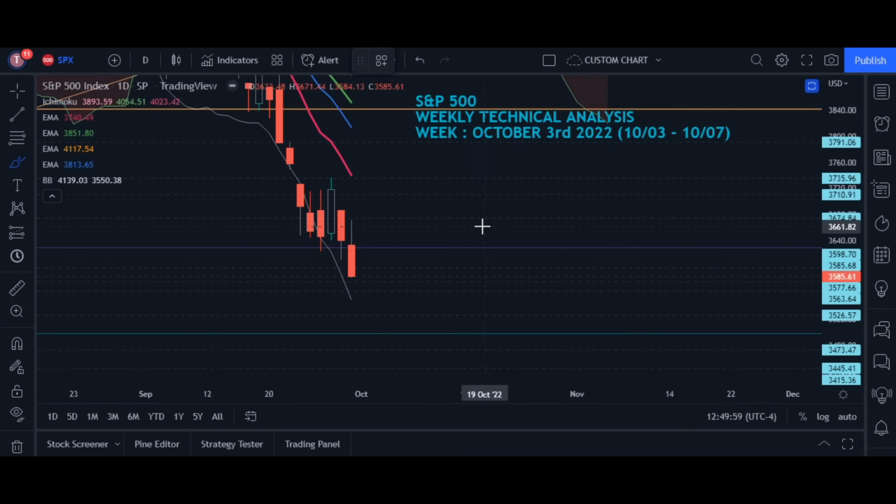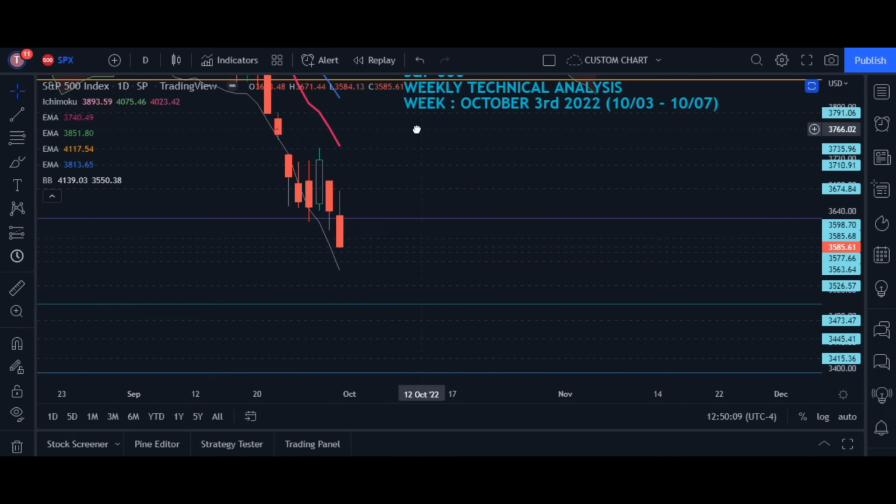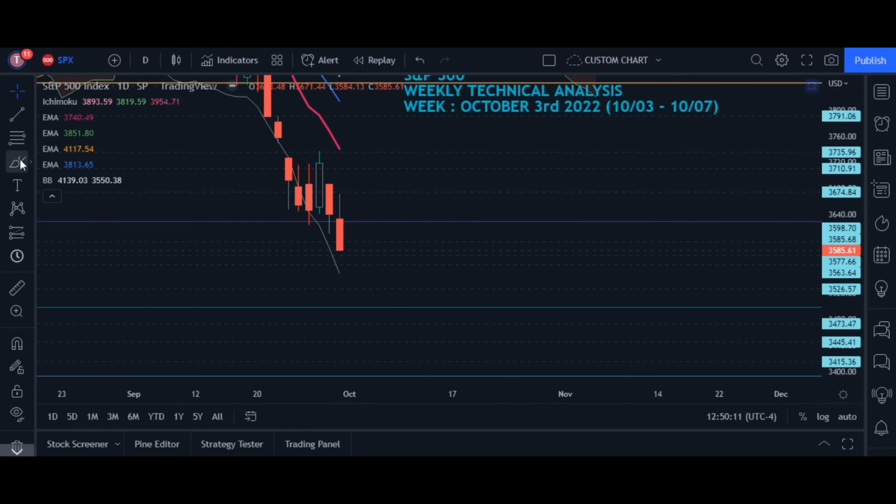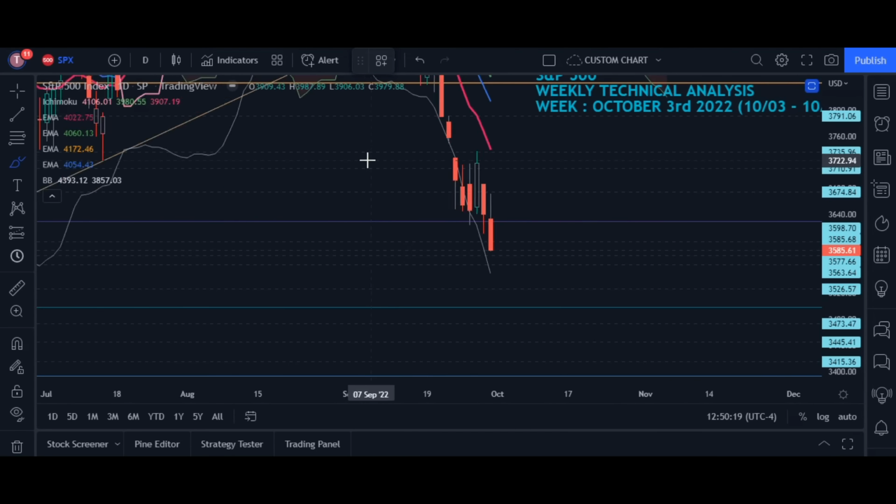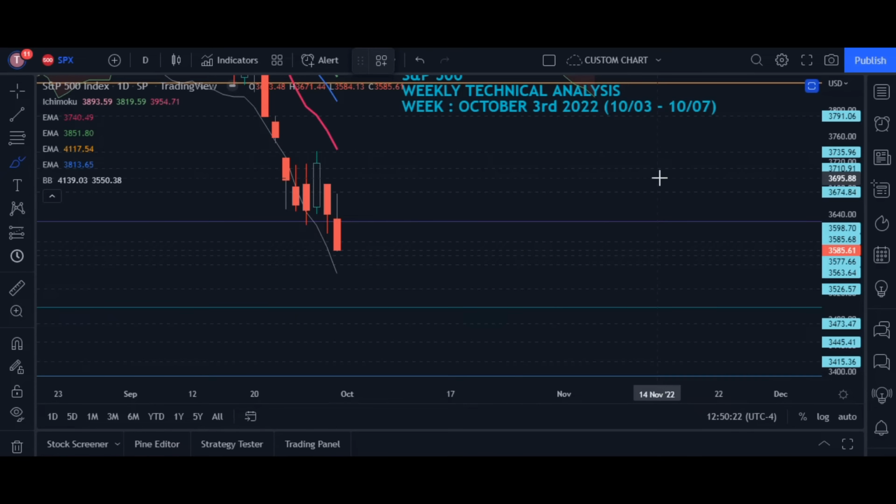Now guys, we are going to discuss the support and resistance levels for the S&P 500 for the coming week, that is for the week of October 3rd 2022. As of now, if there comes a very heavy bullish retrace in the S&P 500, it should be limited to 3790 at most.